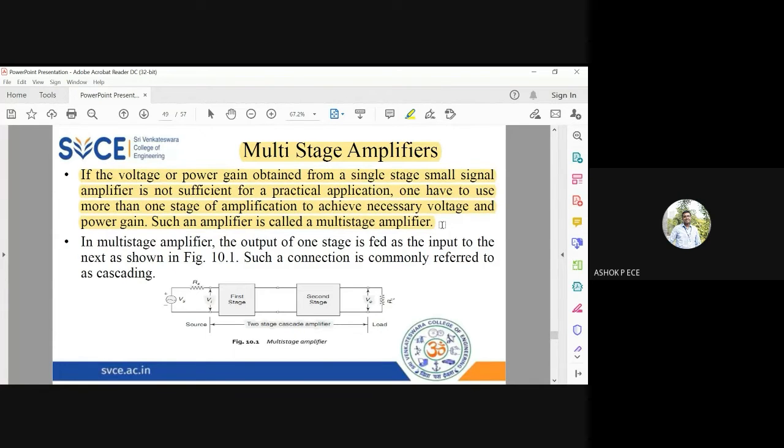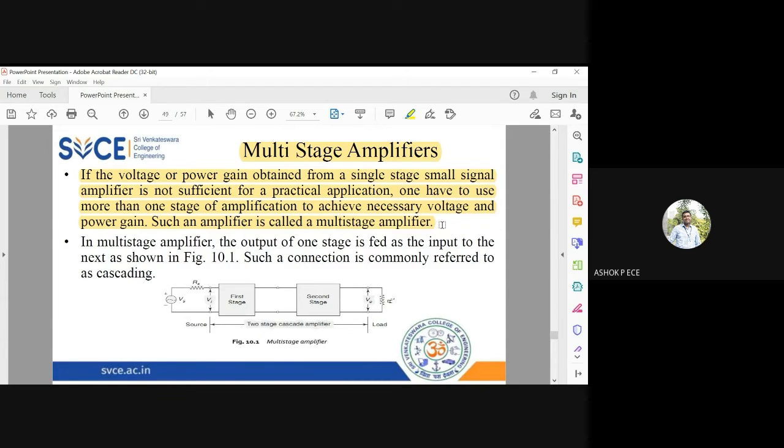See, for an application, I need a certain amount of voltage gain or power gain. Assume that I am going to stream sound using a speaker. So definitely the amplifier output is connected to the speaker, and I want a gain of 10, but my amplifier can provide only a gain of, say, 5. A single stage amplifier cannot achieve a gain of 10.